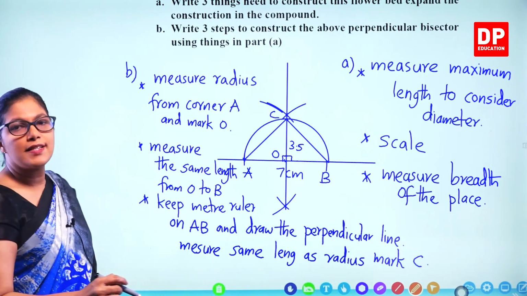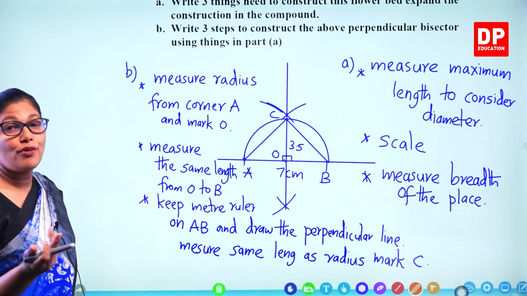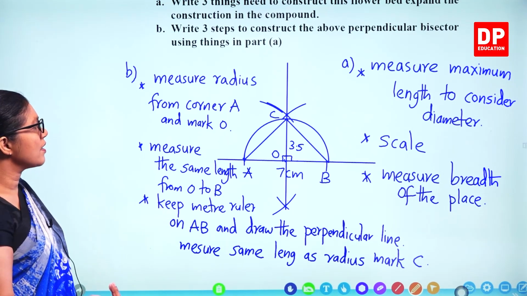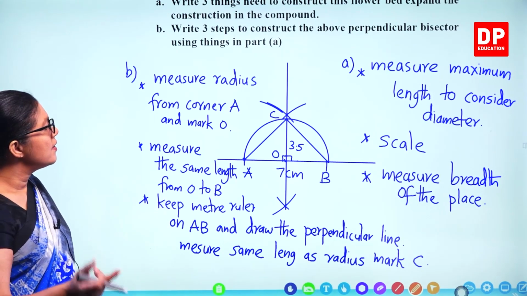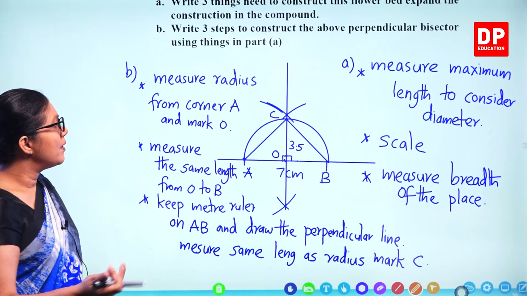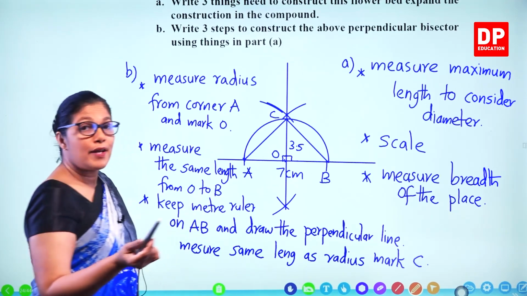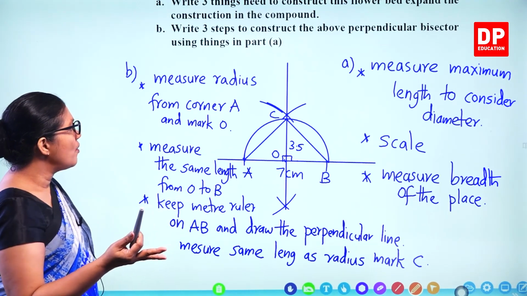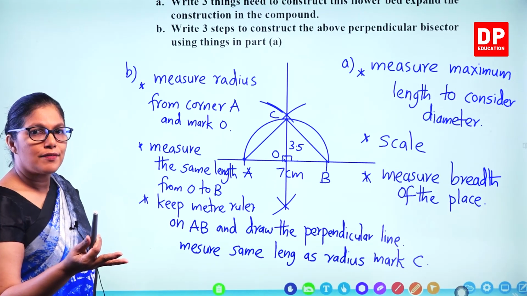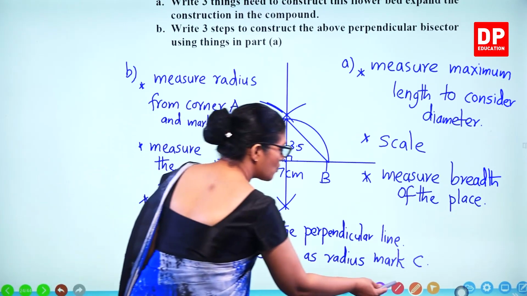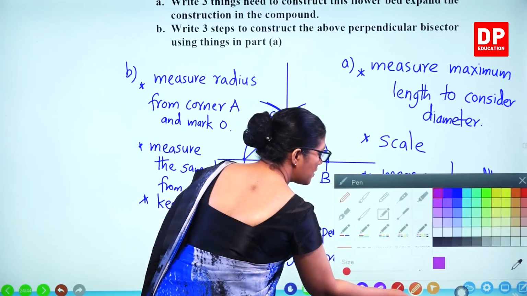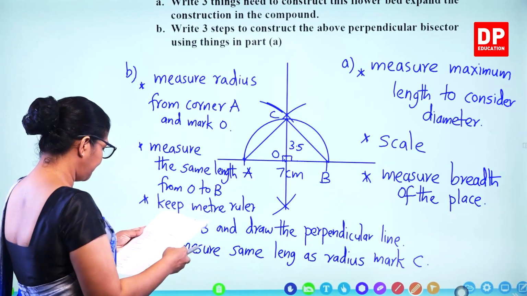So those are the three things we can do. In real life, you don't have a compass to construct, and we don't have small rulers to construct perpendicular lines. So that's the only way we can use in real life. So how many marks for these two steps?